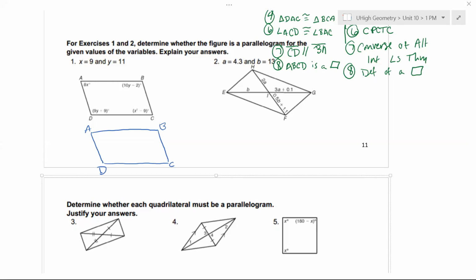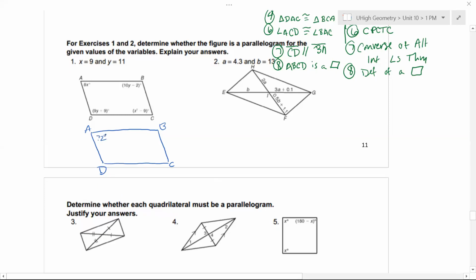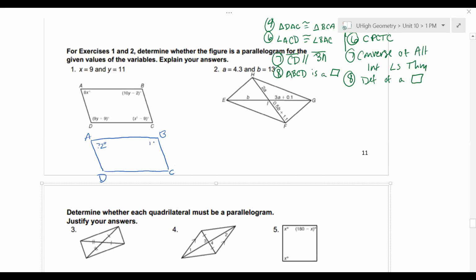So angle A is 8x. So if x is 9, then that angle is going to be 72 degrees. B, we had 10y minus 2, so that's going to be 108 degrees.